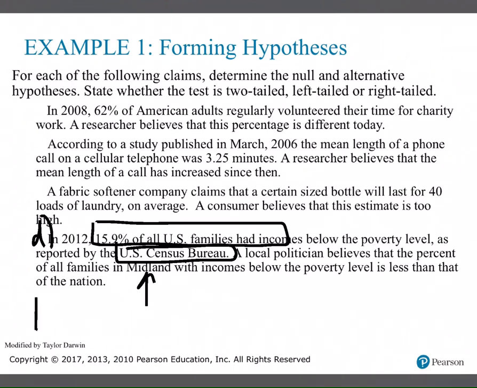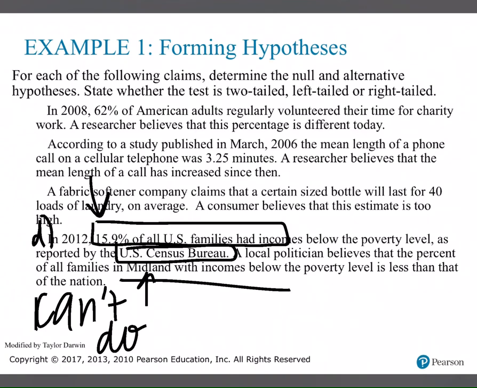So this one we can't do because it's trying to take a parameter about the country as a whole and do it specifically for Midland. If it said 15.9% of all Midland families had income below the poverty level, then we could question it about Midland.